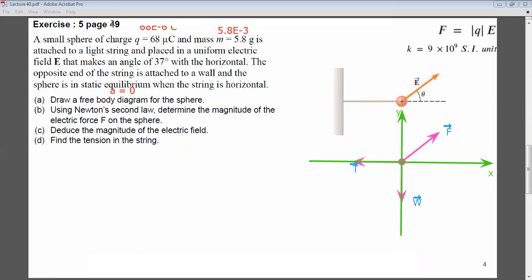Using Newton's second law, determine the magnitude of the electric force F on the sphere. Okay, so which form of Newton's second law will we apply here?